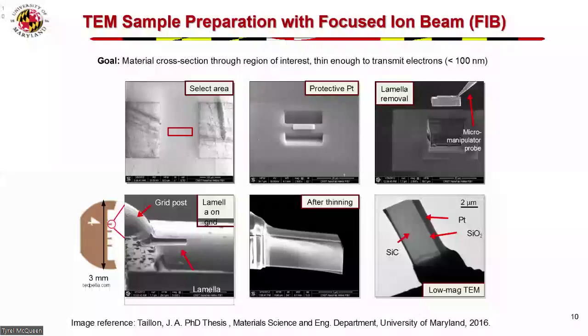So when I say here is a protective platinum, it's not pure platinum, it's a metal organic film that has platinum, but there's a lot of carbon in it as well. So you deposit more of that here, and then you make the final cut, and then basically free the sample from the substrate. But now, because it's attached to this nanomanipulator, you can lift it out.